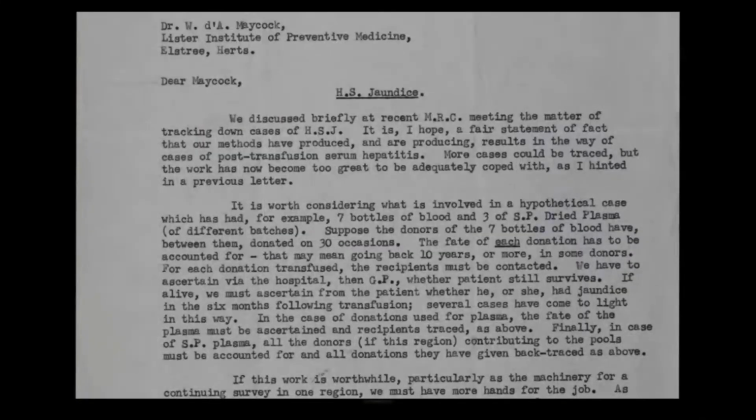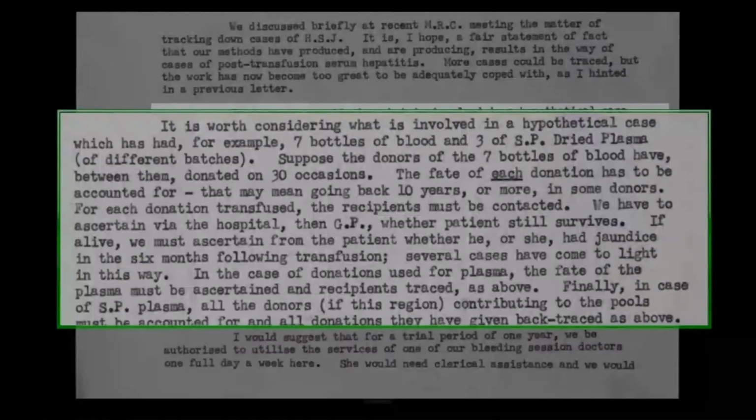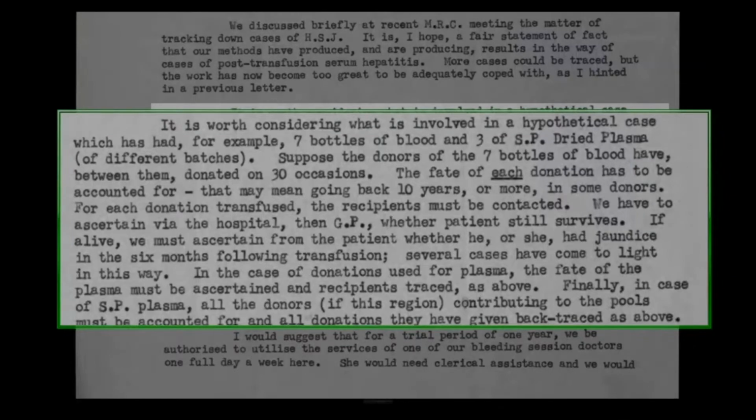It's worth considering what's involved in a hypothetical case which has had, for example, 7 bottles of blood and 3 of SP dried plasma of different batches. Suppose the donors of the 7 bottles of blood have, between them, donated on 30 occasions. The fate of each donation has to be accounted for.